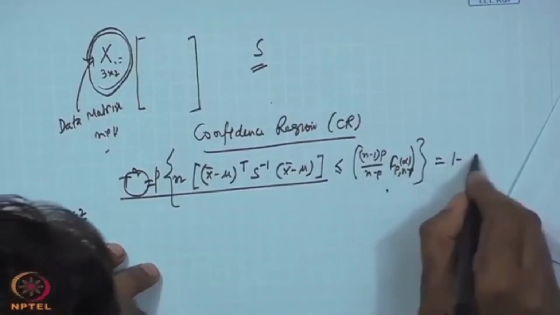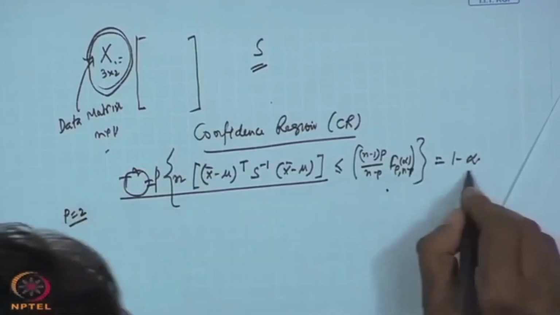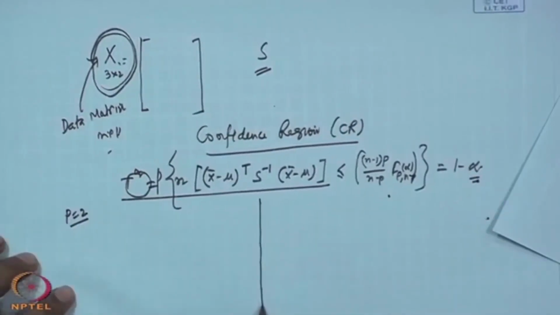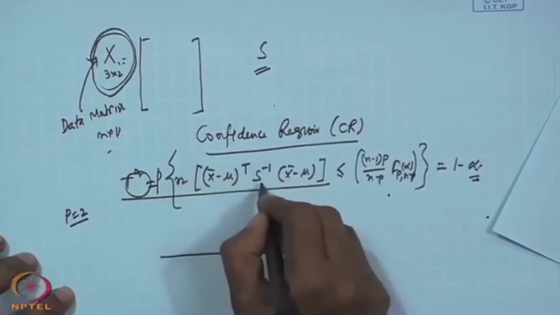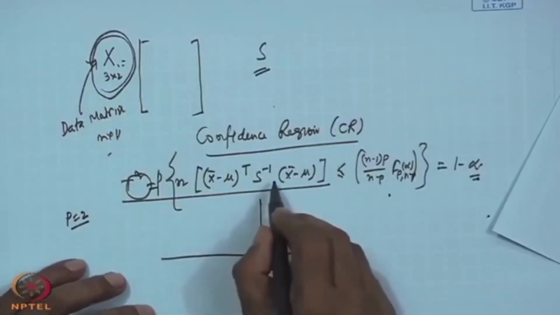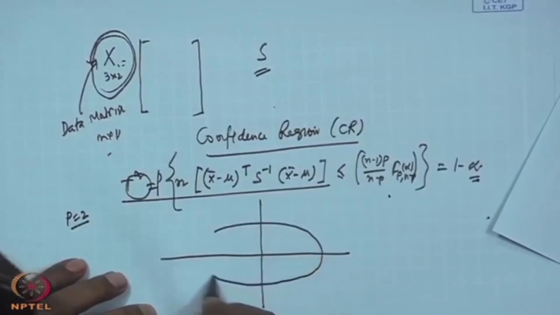If I put here alpha, 1 minus alpha. Okay. In the 2 dimensional case, depending on the alpha, you will get an ellipse; again it all depends on the covariance matrix what type of ellipse it will be, but if the variables are independent then you will be getting an ellipse like this.